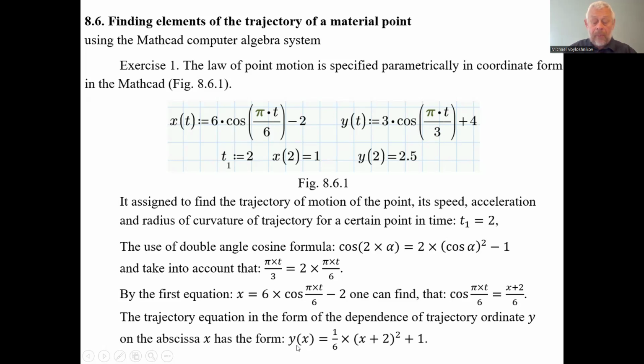Then we will have the dependence of the ordinate on the abscissa, with the time excluded. The 6 squared here came from this formula, when we substitute this cosine of pi t by 6 into the second one, instead of the cosine, which is equal due to the first formula.